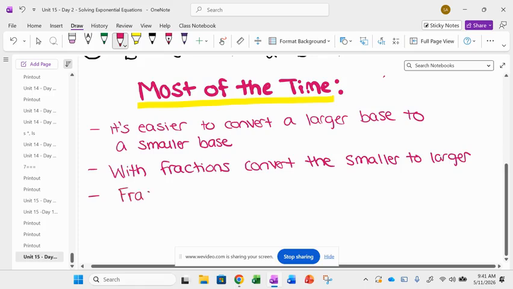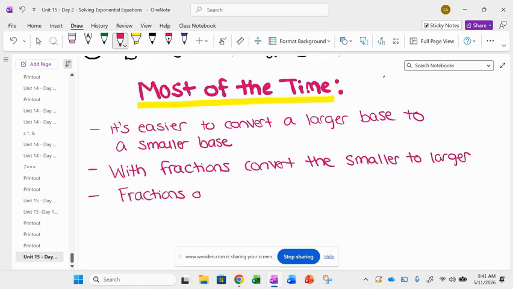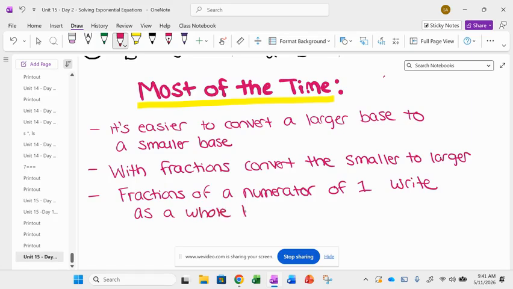Fractions with a numerator of 1, write as a whole number raised to a negative exponent.